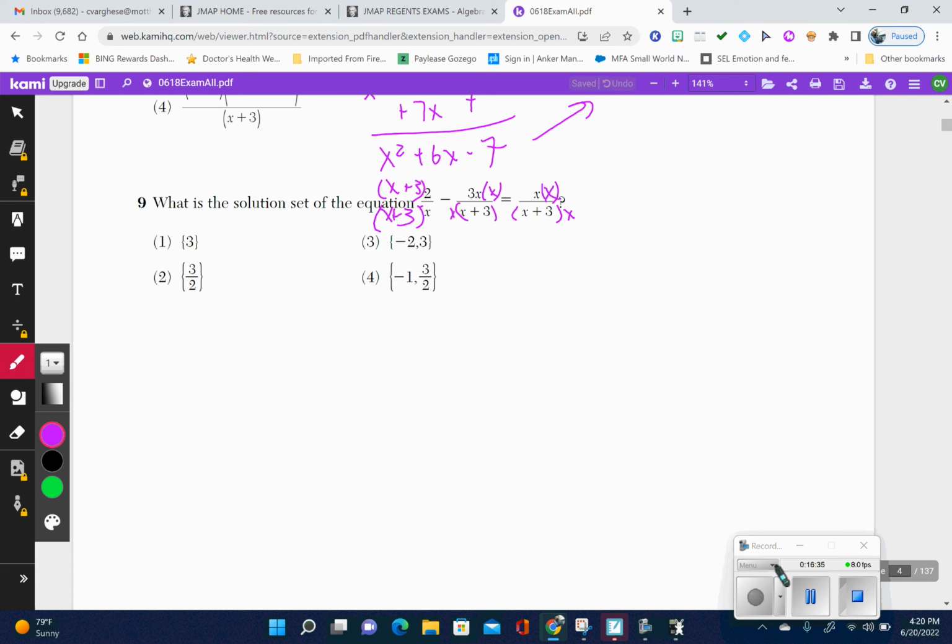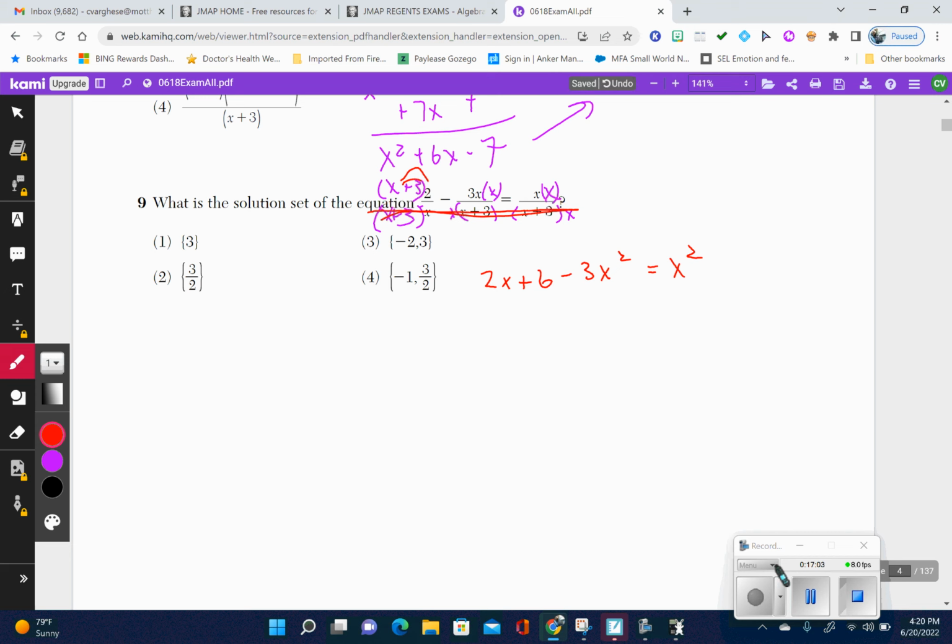Now, when the denominators are the same, they can just cross out, and you are left with the numerators, which is 2 times x is 2x, 2 times 3 is 6. I did distributive property here. This is minus 3x times x is going to be negative 3x squared, is equal to x squared. So I'm going to put this all on the same side.